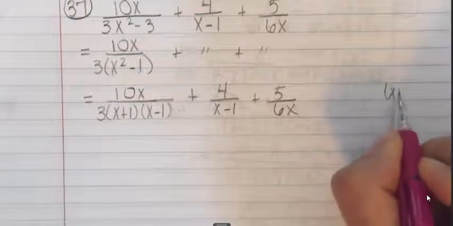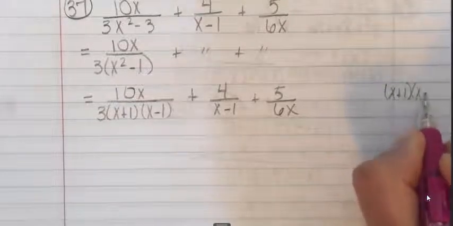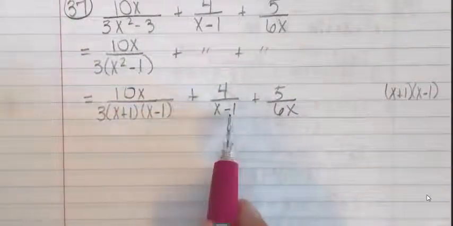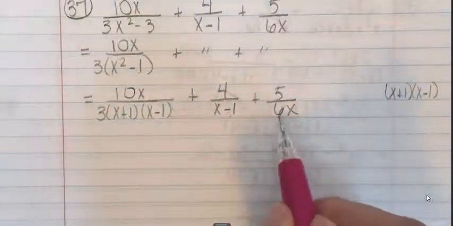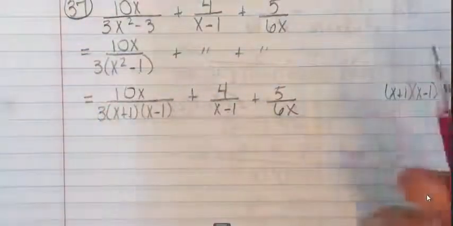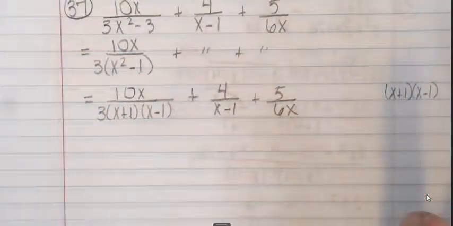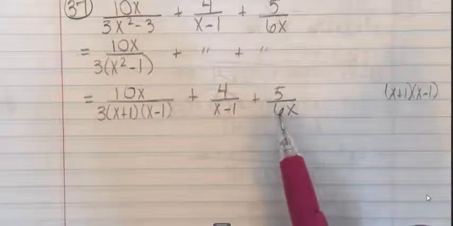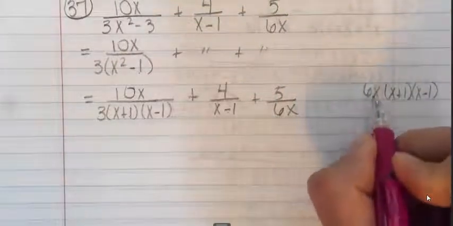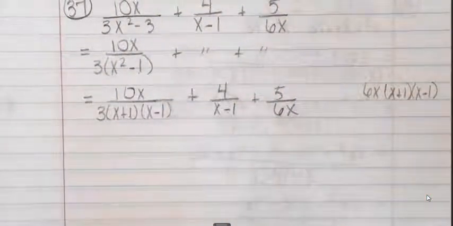It's going to be x plus 1, x minus 1, for sure, which takes care of both of these and that guy. And then it's going to also have a 6, because 6 can't be turned into 3 without dividing, and then you're going to end up with fractions everywhere. So it's better to go bigger. So we'll make this 3 into a 6, and we're also going to need an x. So I think my common denominator is going to look like that.